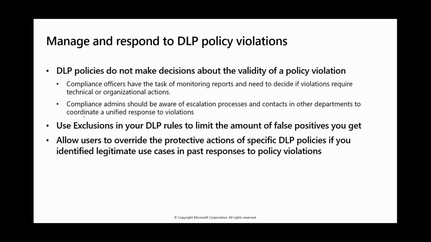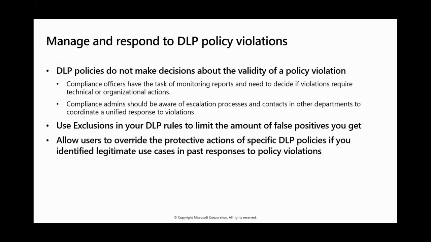What happens when we need to exclude information or exclude policies? We can use the exclusion option in our DLP policies or rules to limit the number of false positives that we can get. Also, we can allow users to override the protective actions of specific DLP policies if we identified legitimate use cases previously, or after talking with your related users or departments that work with you.